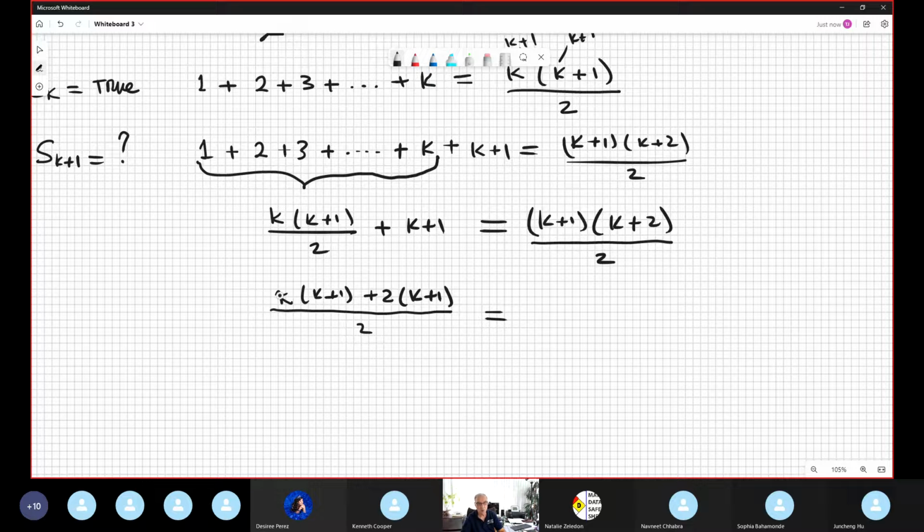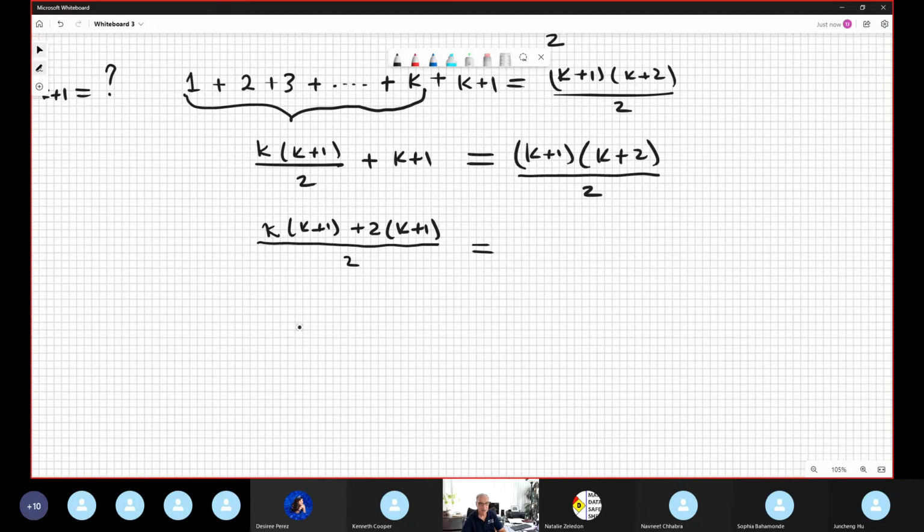I'm working algebraically in the left hand side. I can see clear like water. Look at that. Okay, k plus 1 is common factor. You factor out k plus 1, and you have k plus 2. Okay, this k is this k, this 2 is this 2, divided by 2. Wow. And this is exactly the same as this.